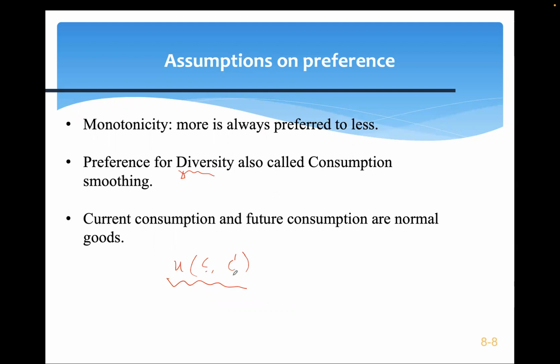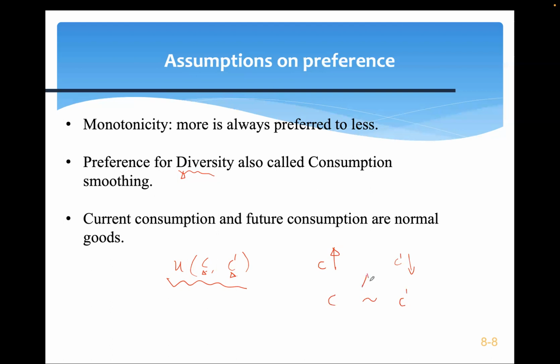Here you have two different goods, today and tomorrow. It's better to understand today's consumption and tomorrow's consumption as two different goods. Preference for diversity means you care. Say for example, you have two possibilities: you have a lot of C but very little C prime, versus C and C prime being pretty much the same or very close.